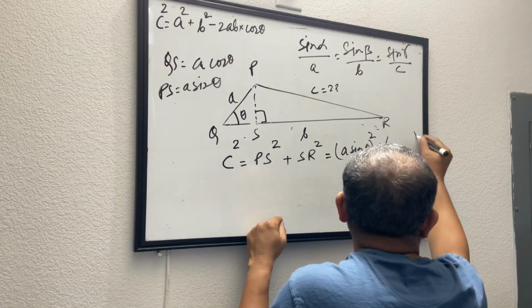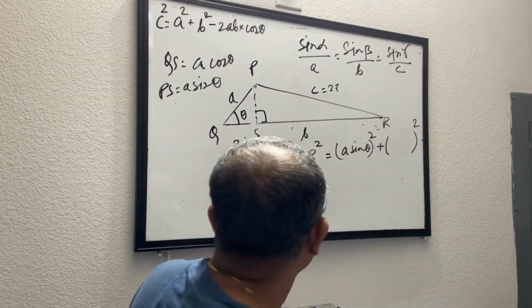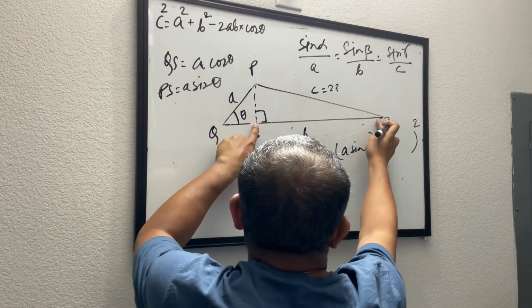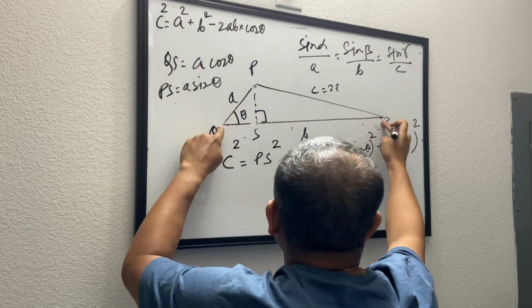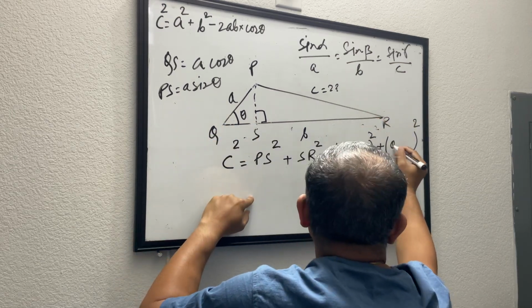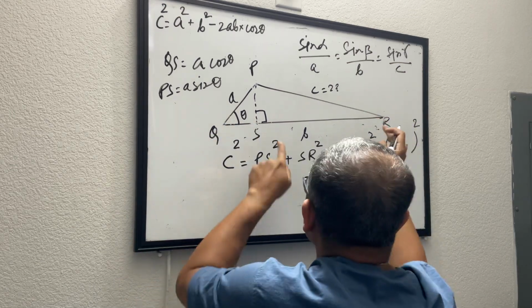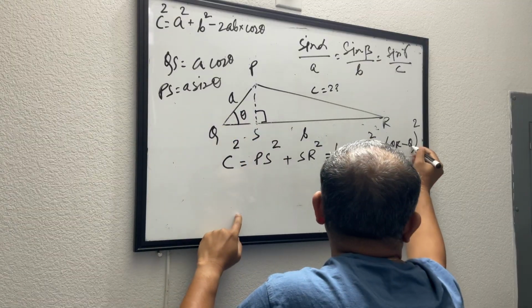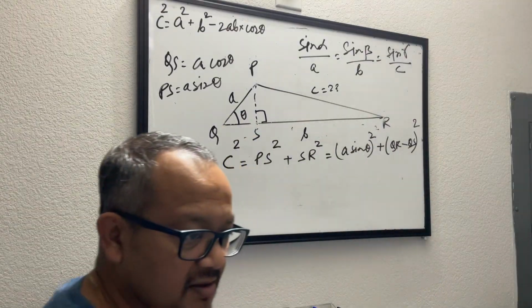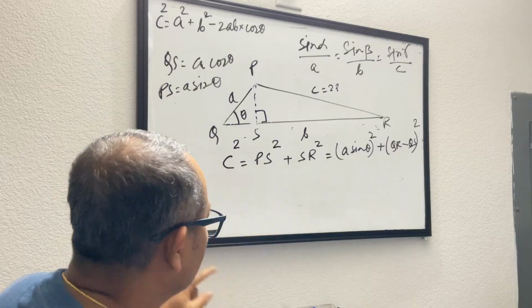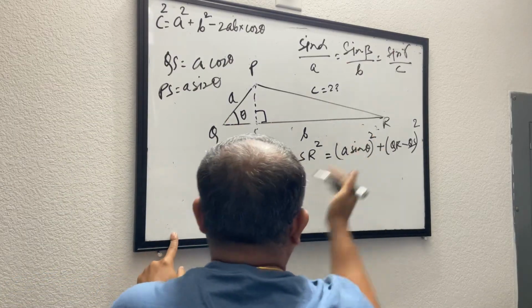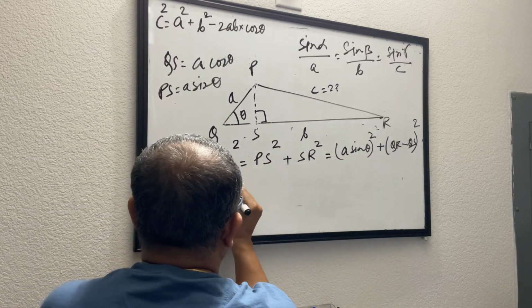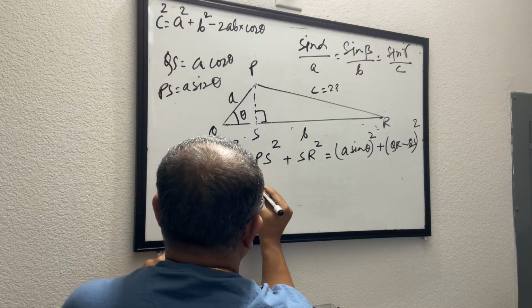What is the value of SR? This length is nothing but this whole length QR minus QS. So (A sine theta) square becomes A square sine square theta.